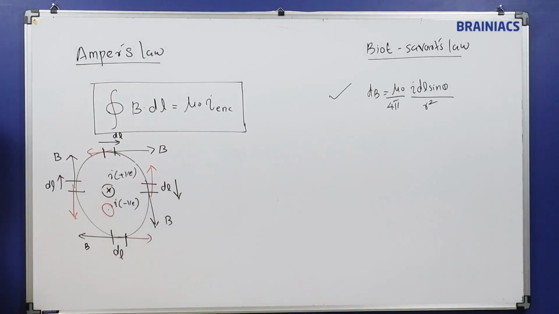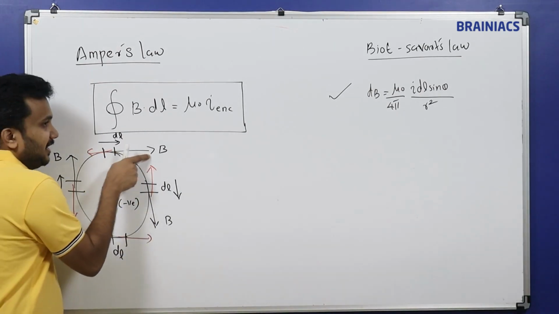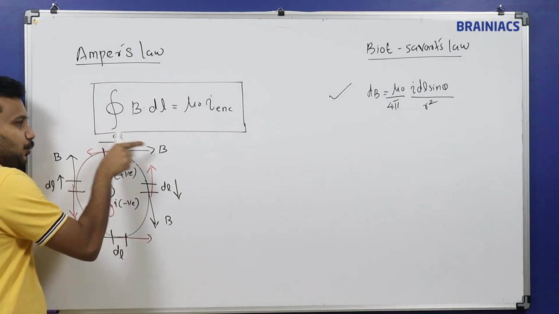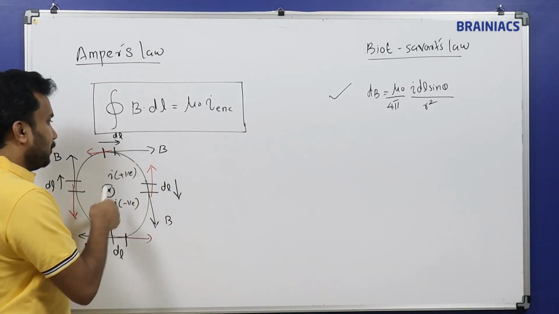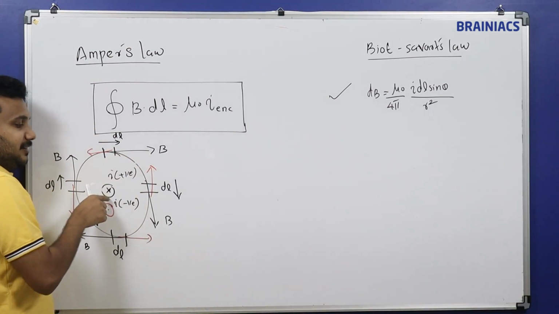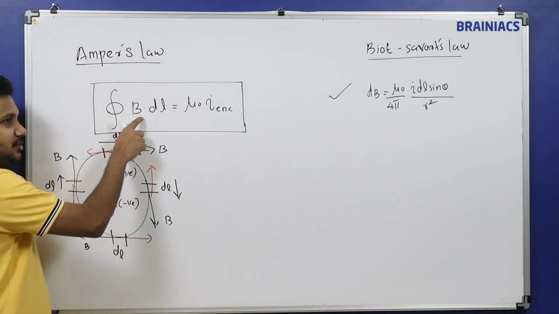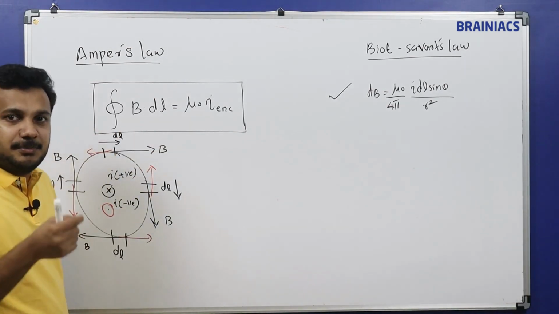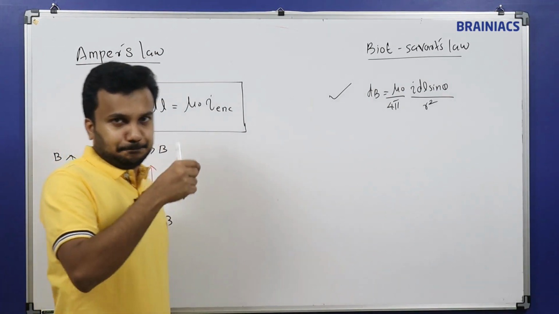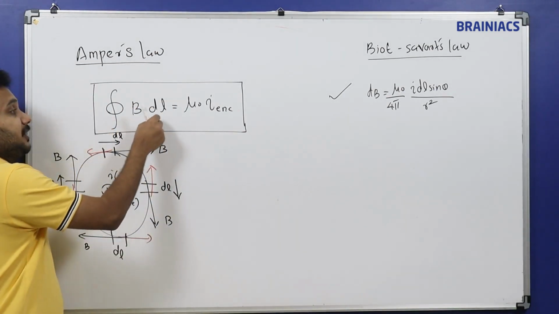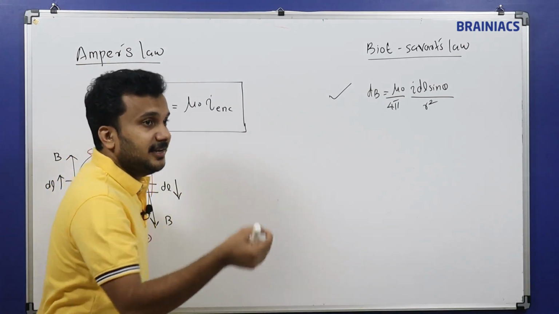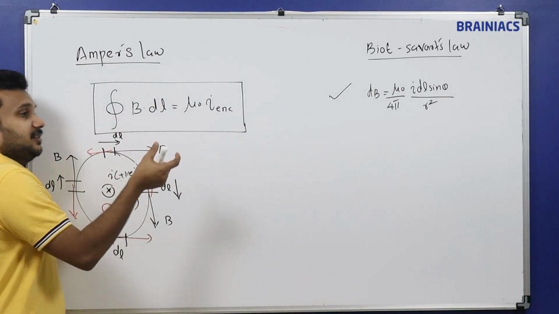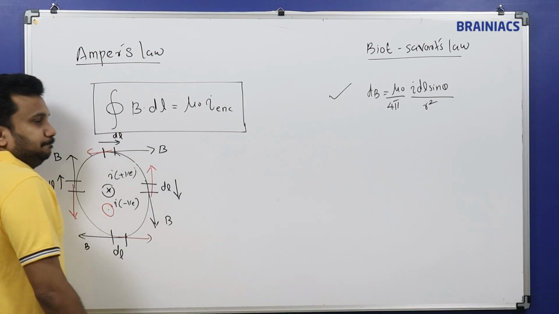So for B dot dl, B is in this direction, dl is also in this direction. Suppose this is the direction of the length vector given by this current. So what will the dot product give? Dot product means A dot B equals AB cos theta. B dot dl is B dl cos theta. Both are in the same direction, so theta equals 0 degree.